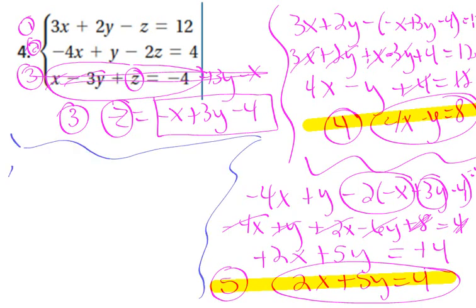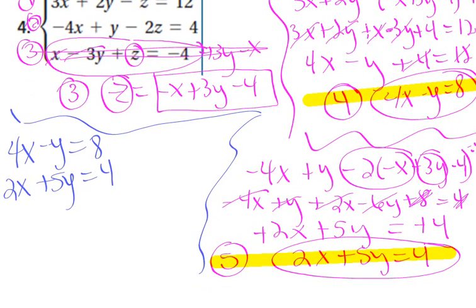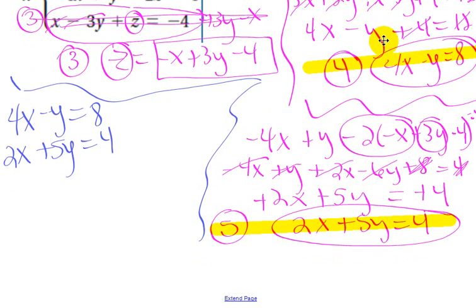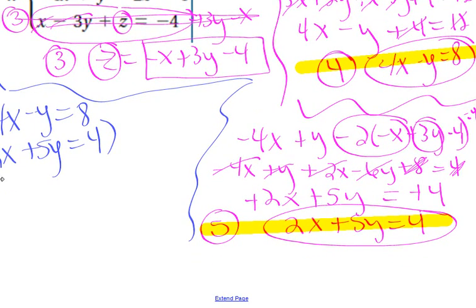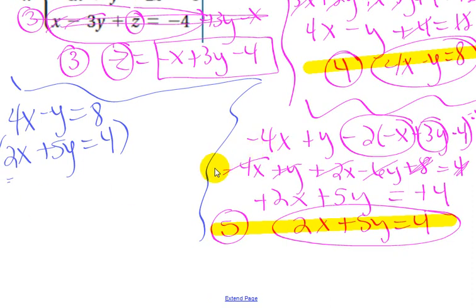So we're going to have 4x minus y equal 8 and 2x plus 5y equal 4. So what do we need to do? I'm going to multiply the bottom equation by a negative 2.